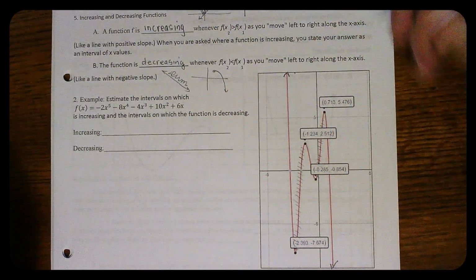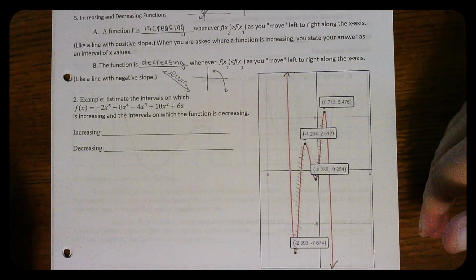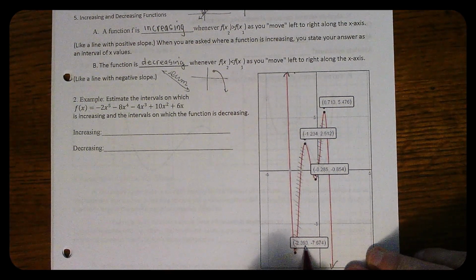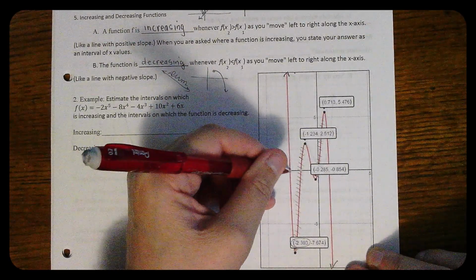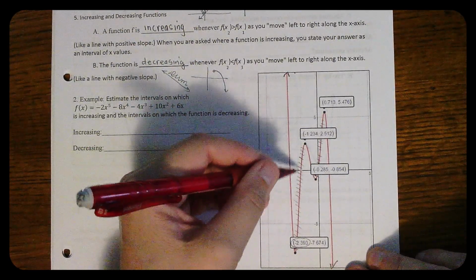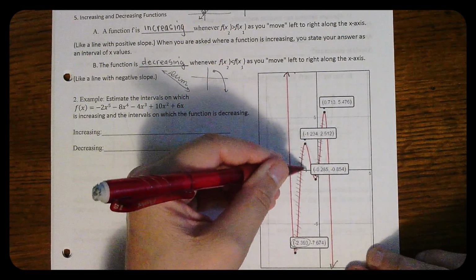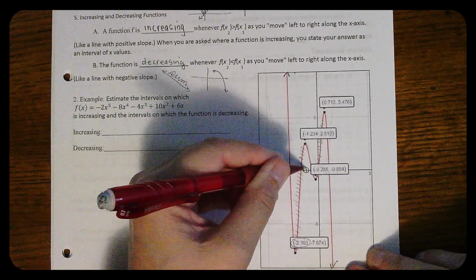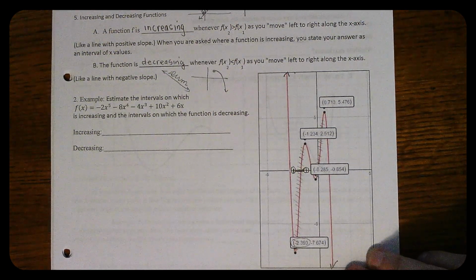But now we have to change our thinking and think of the x values that are making that happen. So this is a coordinate, negative 2.393, negative 7.674. So when x is negative 2.393, and then this is a point, negative 1.234, 2.512, and when x is negative 1.234, that little area of x is right there. That's where the function is increasing.